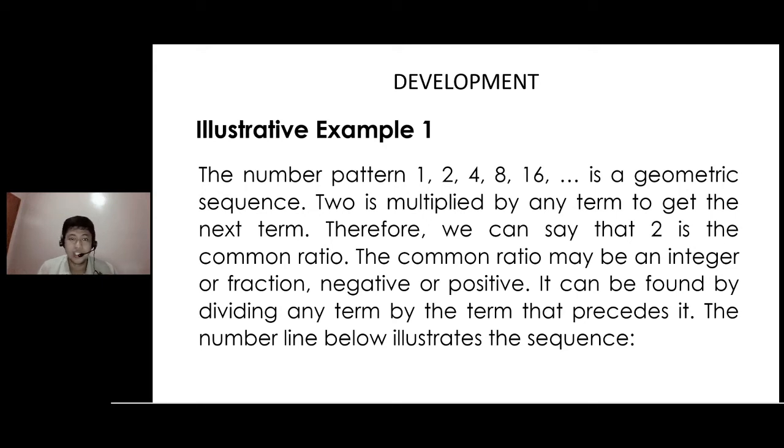Therefore, we can say that 2 is the common ratio. The common ratio may be an integer or a fraction. It can be negative or positive. It can be found by dividing any term by the term that precedes it.